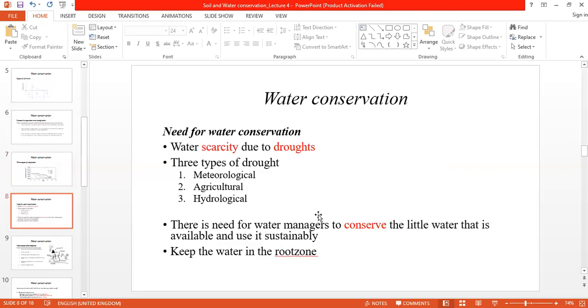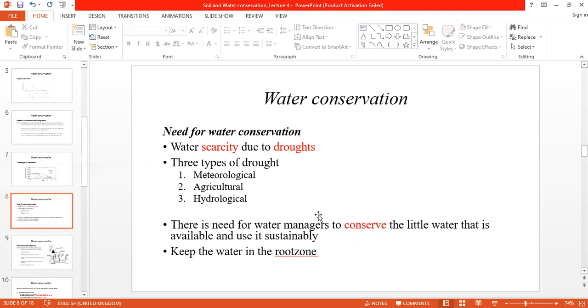Now that we've discussed these processes, the way water enters the soil and the way it leaves the soil, the processes of infiltration, evaporation, runoff, and deep drainage, we need to move to the need for water conservation. Why do we need to conserve water? The resource of water is not very abundant.